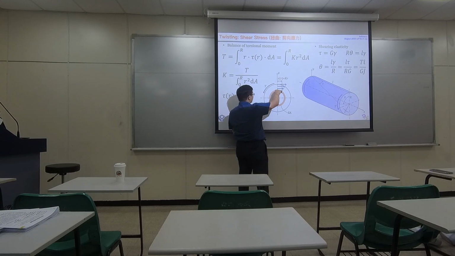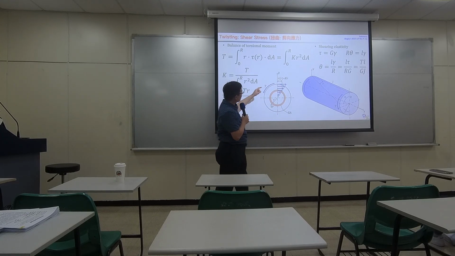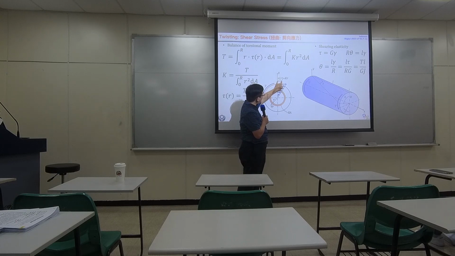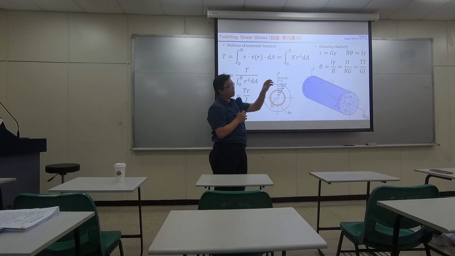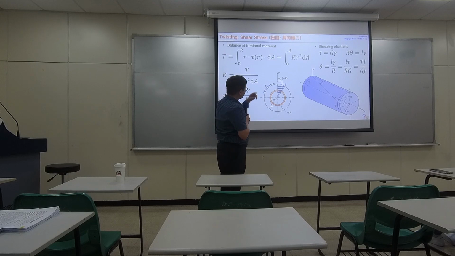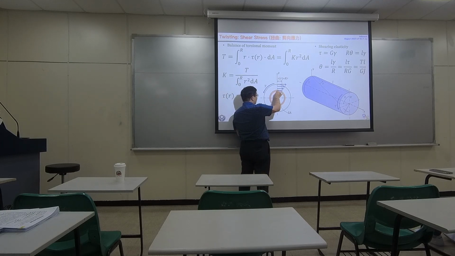We're going to compute the torque that's generated by this level, and then we're going to sum them up. But when we have the amount of stress, we are going to compute with the area. So pressure times area, that's force. Stress times area, that's force. So when we are working on the area, we not only focus on this point, we focus on the entire ring.